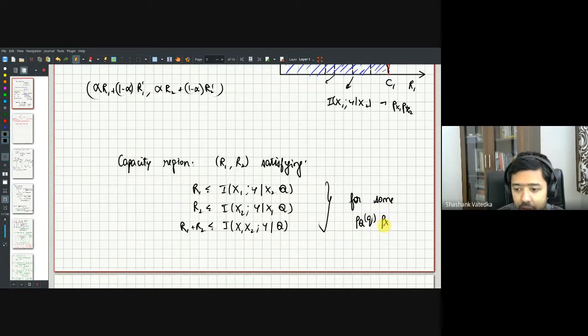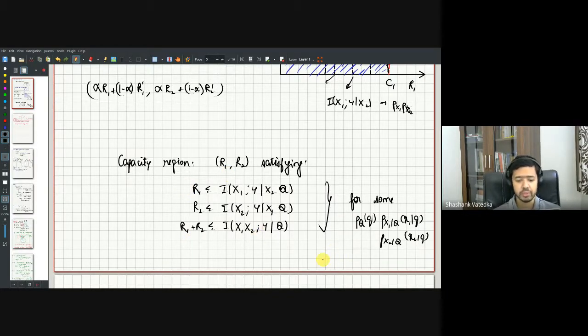So P of X1 given Q times P of X2 given Q. All right, so you look at all possible distributions of this form, and then each collection of PMFs of this form gives you a set of mutual information terms. So the set of all rate pairs which satisfy these correspond to the capacity region.